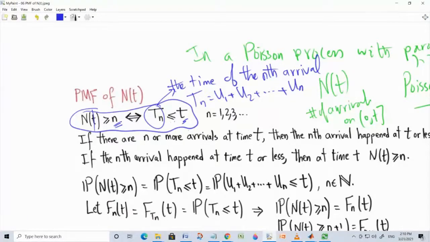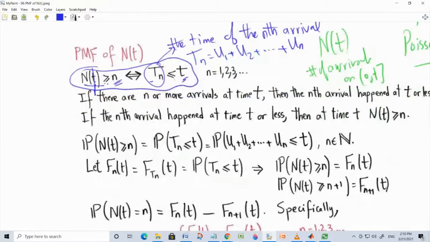The converse is true. If the nth arrival occurred at a time that is less than or equal to t, then if you count the number of arrivals at time t exactly, then the number should be n or more. It should be greater than or equal to n. So these two events are exactly the same.